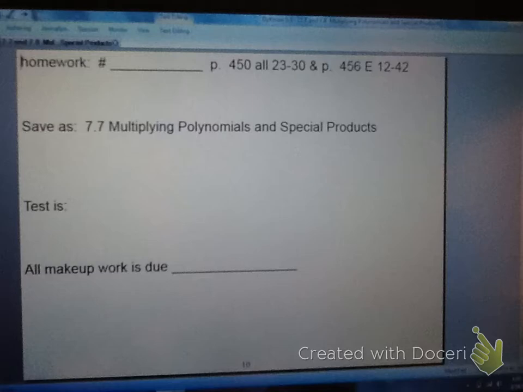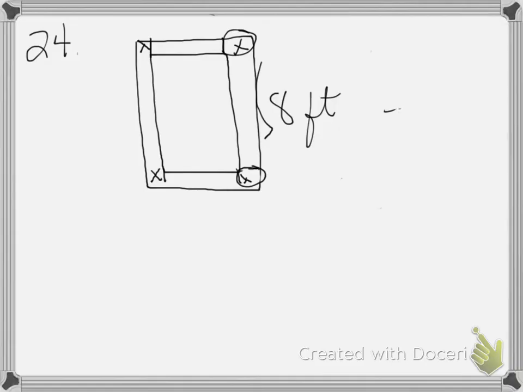Here's your homework assignment. Now this is number 24. It says that the length is 6 feet and the width is 8 feet. And there is a sidewalk around the garden that is x feet long.